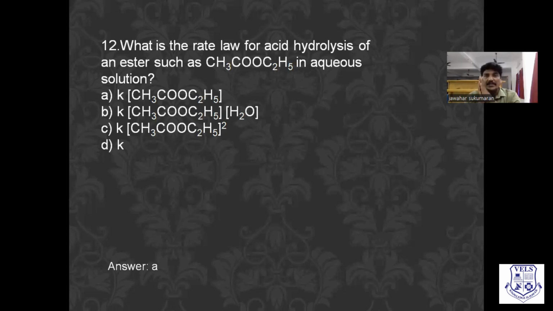Acid hydrolysis of ester: CH3COOC2H5 plus H2O gives CH3COOH plus C2H5OH. The order of reaction can be altered sometimes by taking one reactant in excess compared to the other. Okay. A is the correct answer.